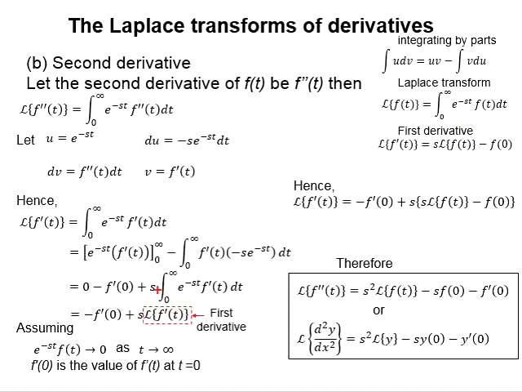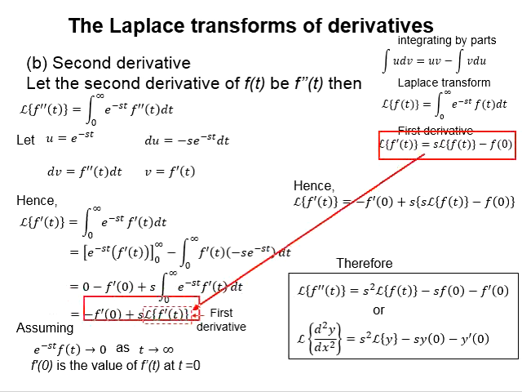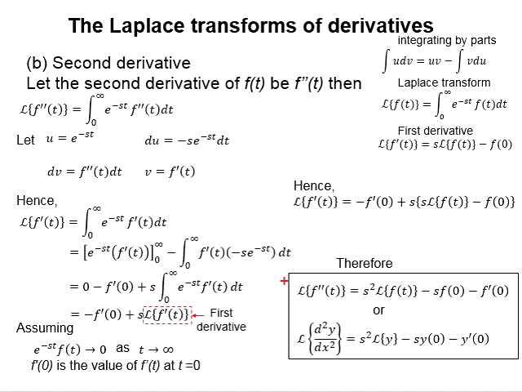That means you can represent this in the form of this. And if you substitute the formula of the first derivative into the function, you obtain the equation here. These equations can also be represented here.